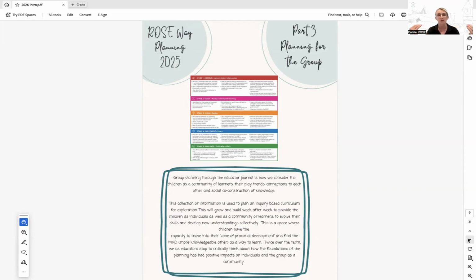Imagine you're on a balcony and you're looking over and you're trying to understand and see where different children or groups of children are playing or moving. What are those trends and patterns that you're noticing? And then we transform these into what we call emerging learning possibilities. The ELPs are an important part of the group planning because we break this down and pull it apart and we don't rush this work.